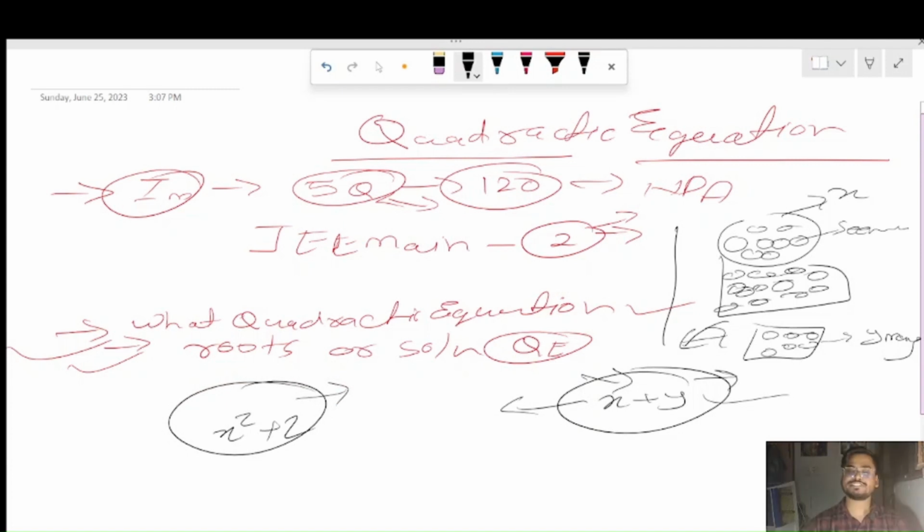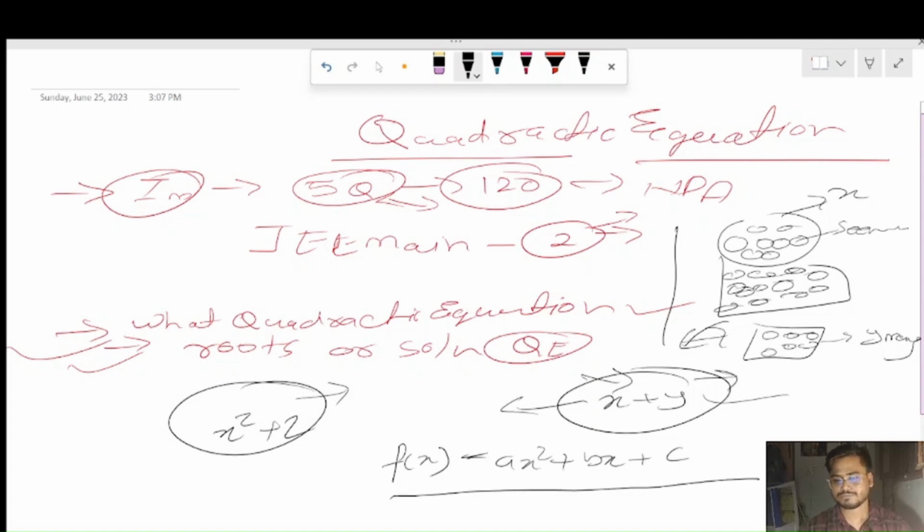So what is the standard form of the quadratic equation which we take to learn and solve quadratic equations? Look, the expression f(x) is ax square plus bx plus c. This is the quadratic expression where a is not equal to 0. Why are we taking a not equal to 0 here?